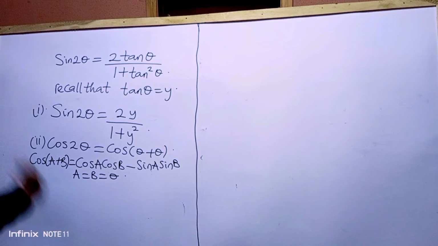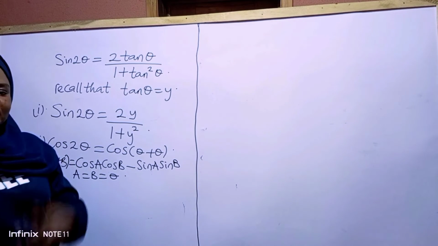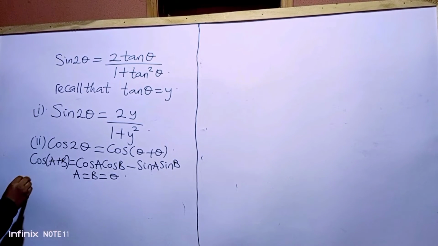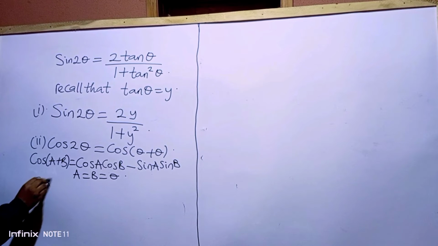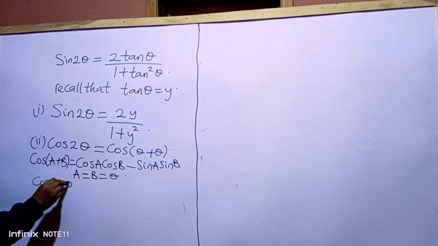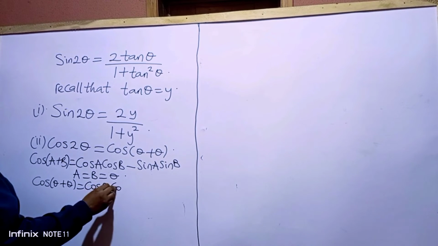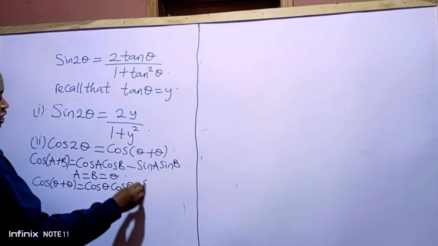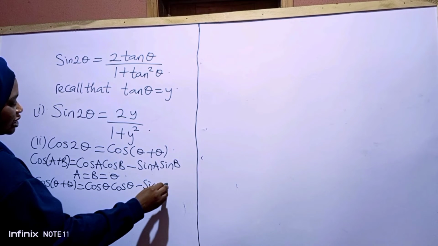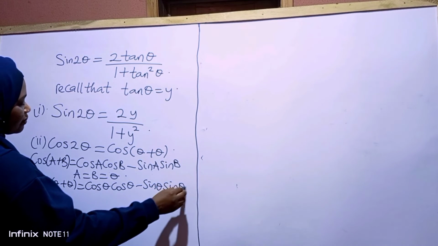So anywhere I see A, anywhere I see B, I'm going to put theta there. Now I can say that cos of theta plus theta is equal to cos theta cos theta minus sin theta sin theta.